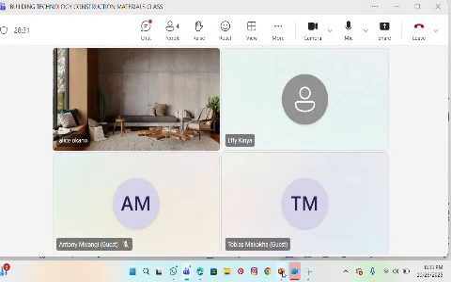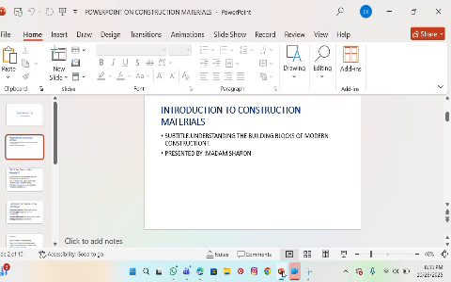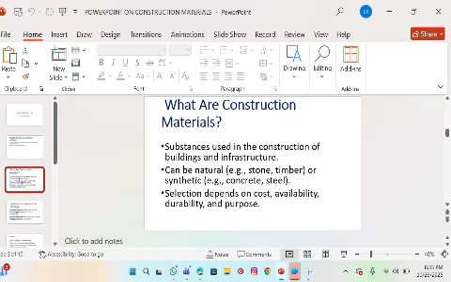Now, construction materials are one of the essential things that you need to understand. Let's go to the first question that we need to ask ourselves. What are construction materials? As you can see here, they are substances used in the construction of buildings and infrastructure.